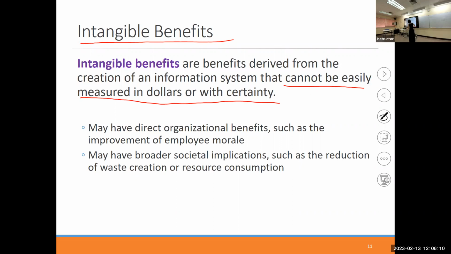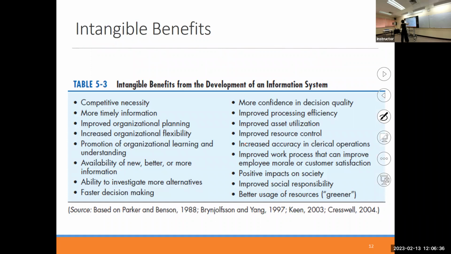But something such as improvement of employee morale, people feel more motivation, have more willingness to do the work and so on. This cannot be easily measured. How much would it increase, right, for the company? Or something like this example. Improve resource control, improve processing efficiency, more confidence for the management to make quality decisions.